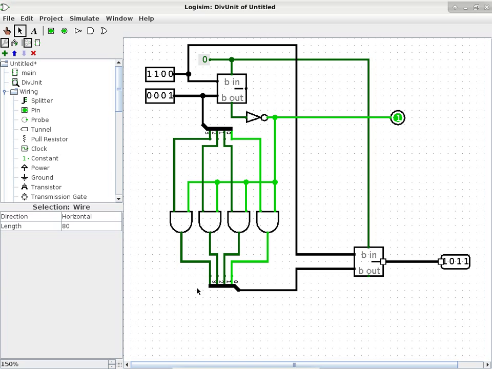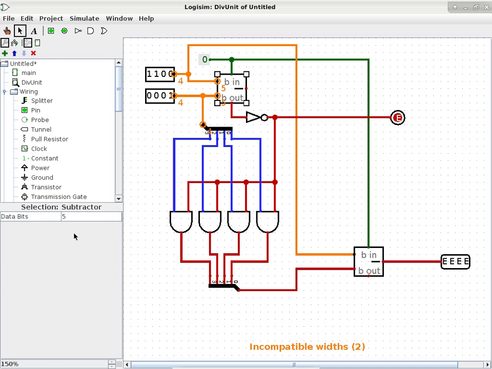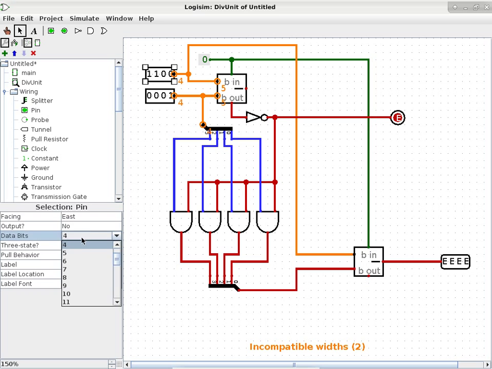Just from looking at this, we know that we cannot drop the last bit because this output has a 1 here, which means the subtractor needs to be a 5-bit subtractor because we have to take in 5 bits at a time to do the calculation. So I stand corrected here.